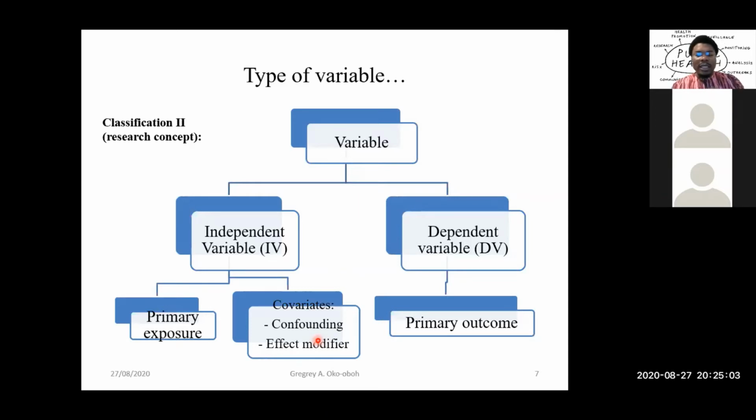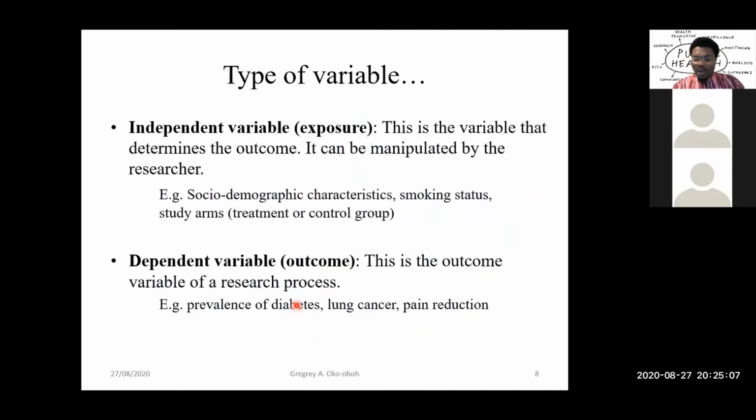So the independent variable determines the dependent variable. And I've already explained them here. The independent variables determine the outcome. And these are variables that can be manipulated by the researcher. If you are carrying out an intervention study or an experiment, you can manipulate the independent variable.